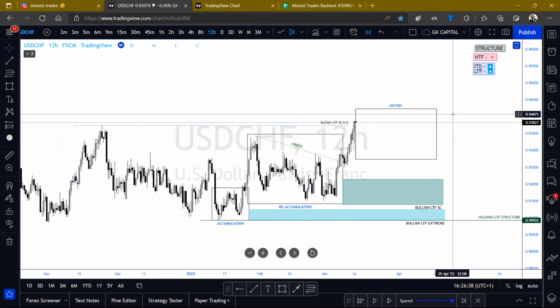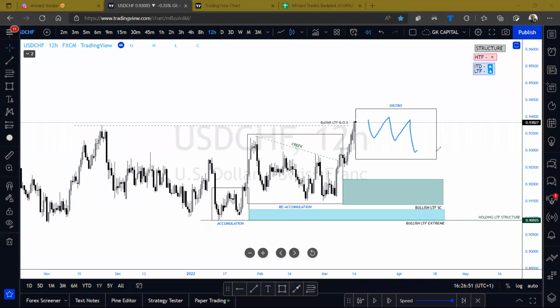But we know the distro would have three main targets with it in a bullish market. So it can be the cause of a reversal, right? We can look at this to be the cause of reversal for it to go down and actually break structure and order flow, of course. Or we can look at the cause of price coming back into a demand zone.